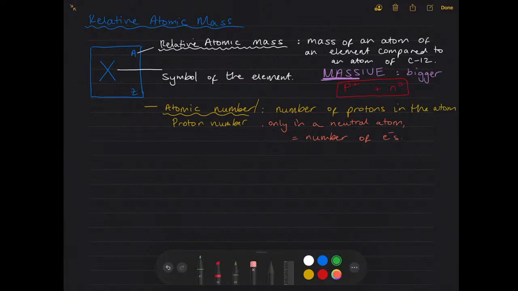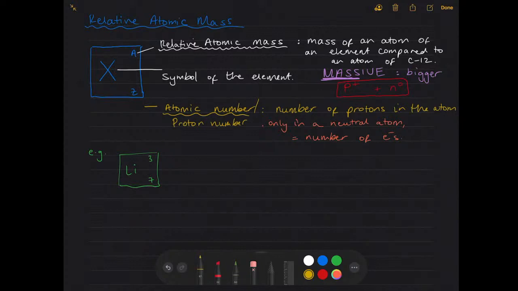Let's move straight into an example. I'm going to take lithium, because lithium's quite nice. You'll notice your periodic table has decimal numbers. I'm going to go ahead, just for argument's sake for the moment, and round them up or down. The two numbers you end up with are 3 and 7.